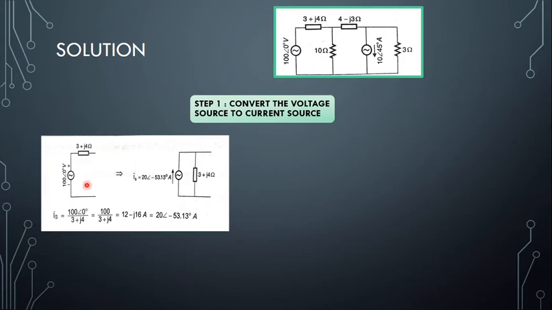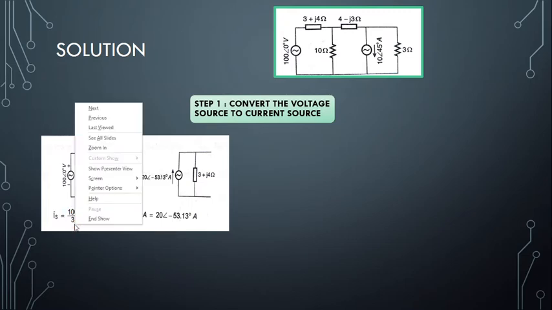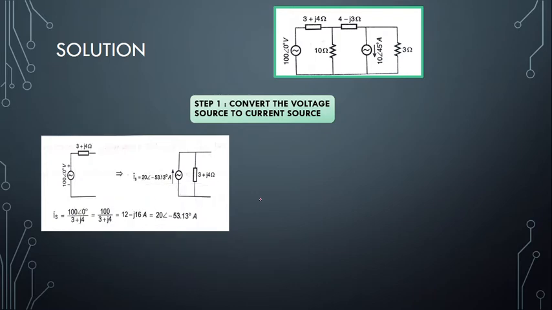Applying Ohm's law, V equals IR, or I equals V divided by R or Z. The V value is 100 angle 0 volts and the impedance is 3 plus j4. So I is equal to V divided by Z, as per Ohm's law: the voltage value divided by the impedance value present here.